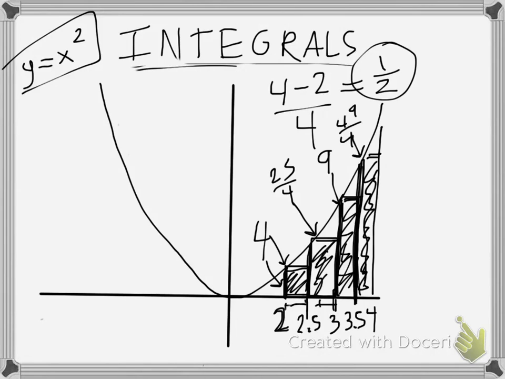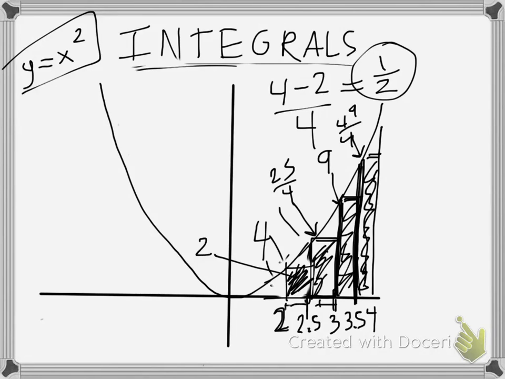As you can see, the height of each rectangle is the function, so we're plugging the x value into the function. Now we can find the area by adding up the areas of these rectangles. The area of this one would be 4 times 1/2, so the area of this one is 2.